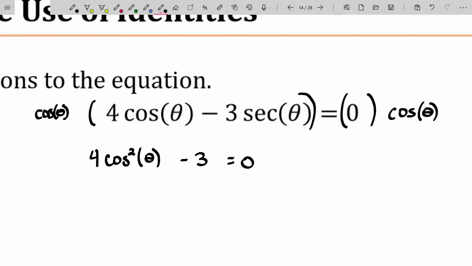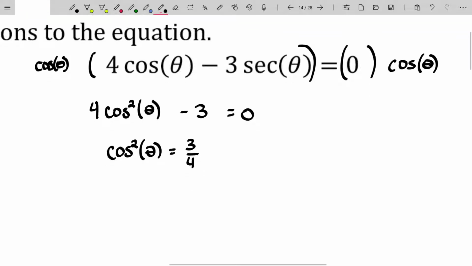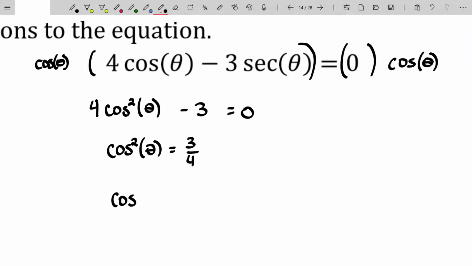0. There really isn't an identity that we're using here other than the ratio identity, but this leads us to cosine squared of theta is equal to 3/4. If you take the square root of both sides, you'll get that cosine of theta is equal to plus or minus the square root of 3/4, which is plus or minus the square root of 3 over 2.